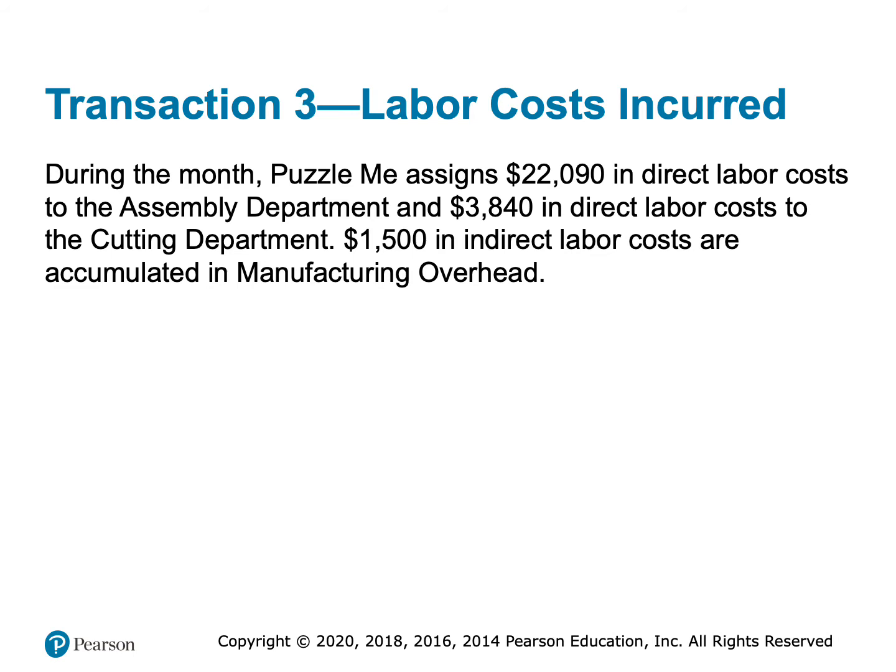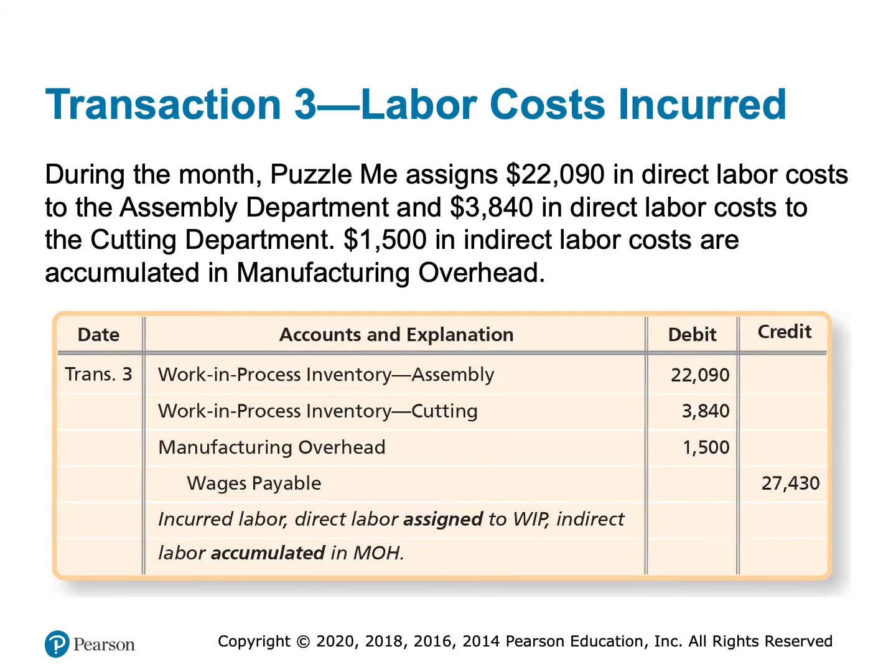I'm going to debit work in process cutting for 3,840, and then I'm going to debit overhead for 1,500. And I'll credit wages payable for the total. So again, take a minute, pause the video, and write down your journal entry and plug this into your T account.